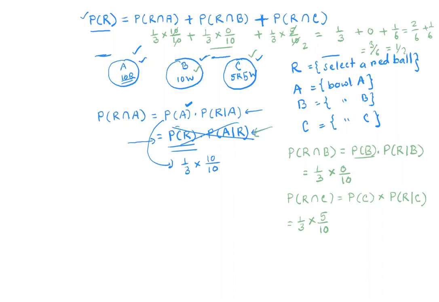How did I go from here to there? I just multiplied this by 2 and this by 2 so that I had the common denominator. 2 times 1 is 2, 2 times 3 is 6. So there is a 50% chance that you'll select a red ball if you randomly pick a bucket and pick a ball.